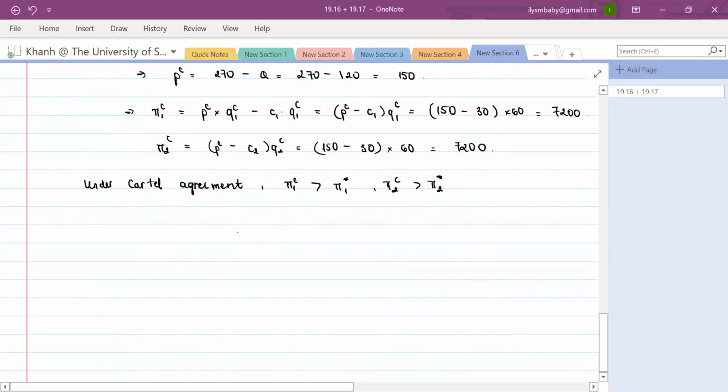So the two firms are getting higher profit, producing less, and increasing the price in the market. The increase in the profit is 7,200 minus 6,400, so they are having an increase of 800 in the profit.